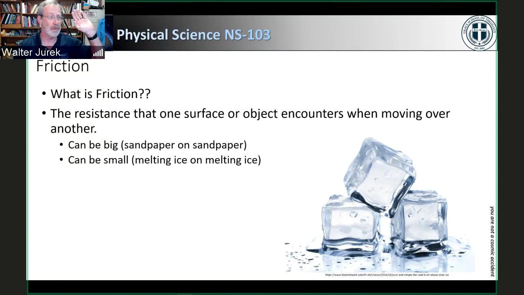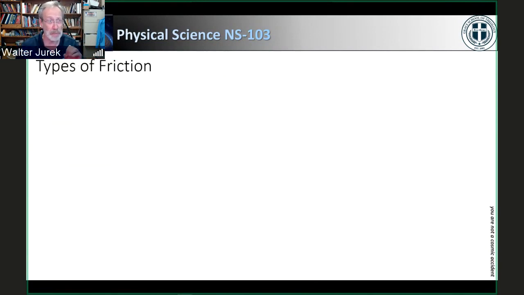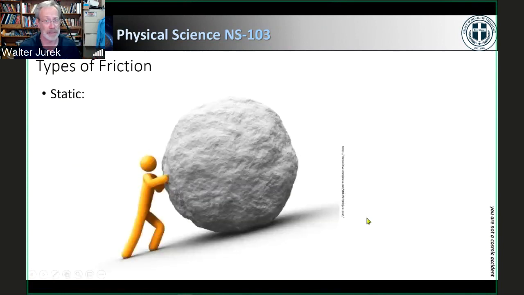So how many of you have had to move a big heavy object? Okay, right? So what happens? You push on it, you push on it, you push on it, and then finally it moves, right? Well, that gives us a clue, and we've experienced that there's actually two types of friction. There's one called static friction, okay? And that's friction that opposes the start of motion.